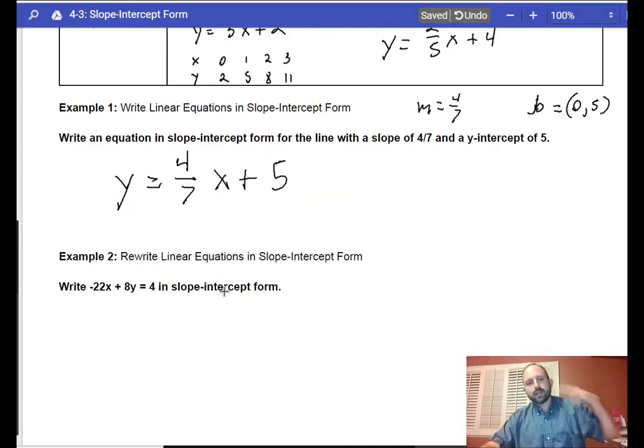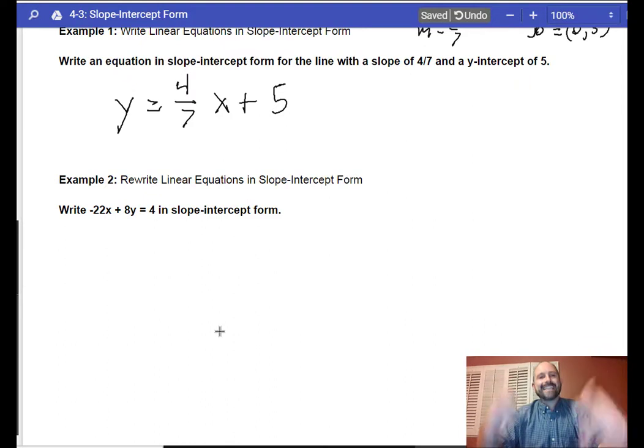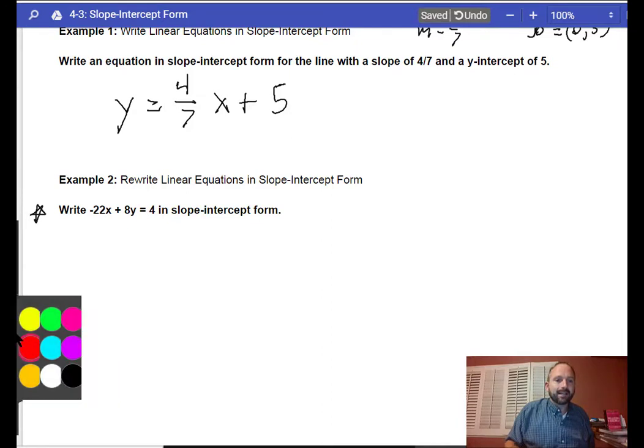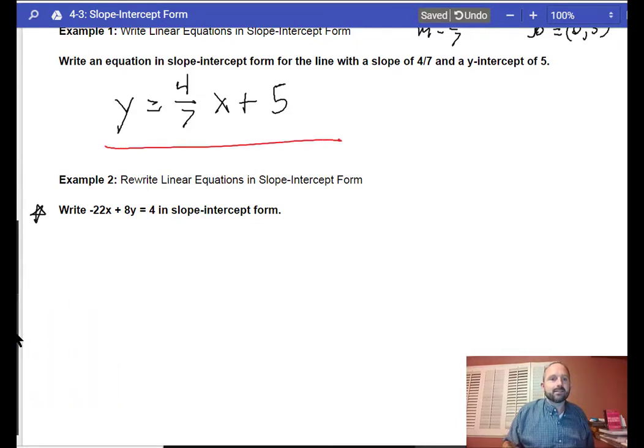Let's go on. Rewrite linear equations in slope-intercept form. So if we look at this example 2, it says negative 22x plus 8y is equal to 4. This is what we call standard form. Anytime that we can write an equation in this form, it's a linear equation. Another type of linear equation would be slope-intercept form, meaning make it look like this.